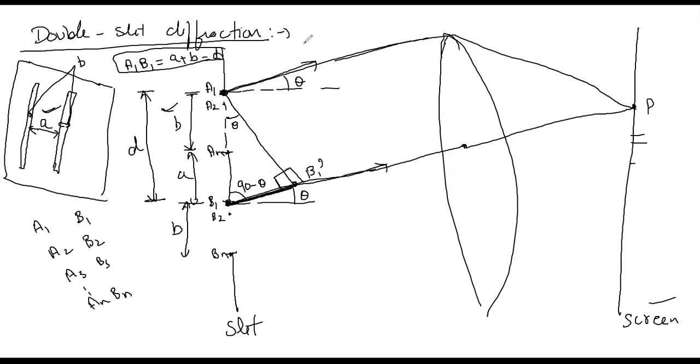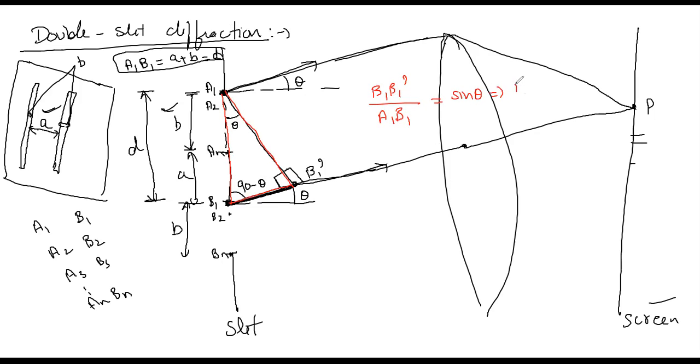Now in the triangle, let me change the color. In this triangle over here, which is a right angle triangle, B1 B1 prime, which is the perpendicular, upon A1 B1, which is the hypotenuse, is equal to sine theta.